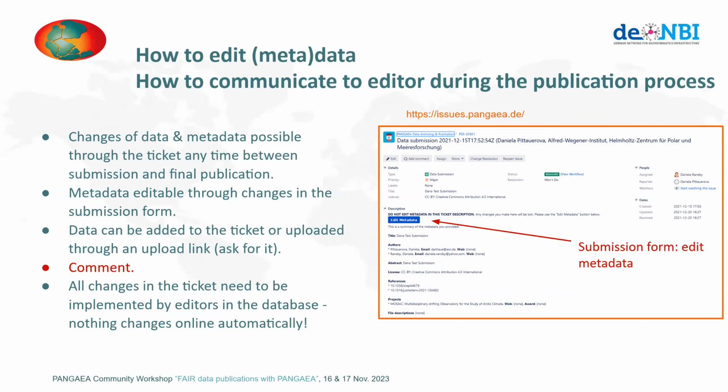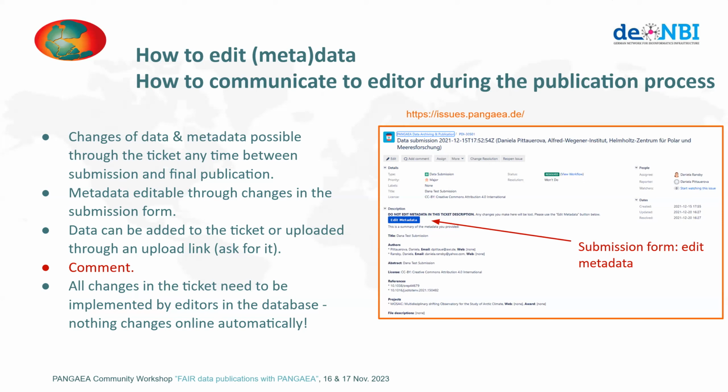At the end of filling in this form, you will also have an option to upload new files or leave us a message, or in any case, you should leave us a message to inform us what is happening and why. And if you have multiple files to update, then ask us for a submission upload link.